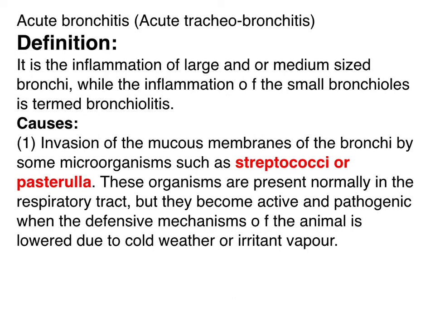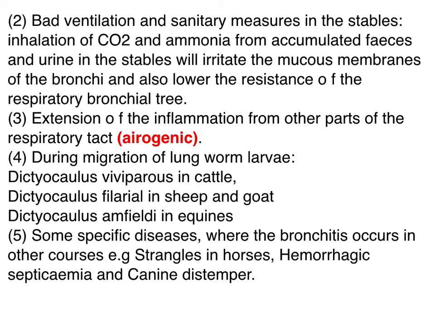يعني إذا انخفضت مناعة الحيوان يؤدي إلى حدوث الإصابة. أما المسبب الآخر فهو bad ventilation، التهوية السيئة وسوء الإدارة. المسببات الأخرى: extension of inflammation from other parts of the respiratory tract، تسمى في هذه الحالة rhinogenic.